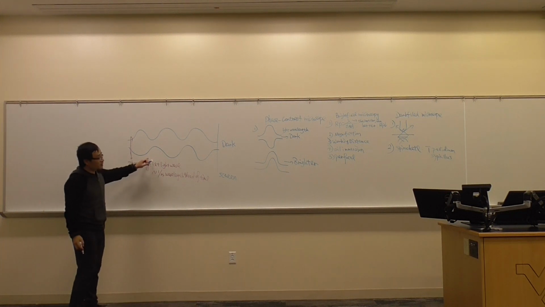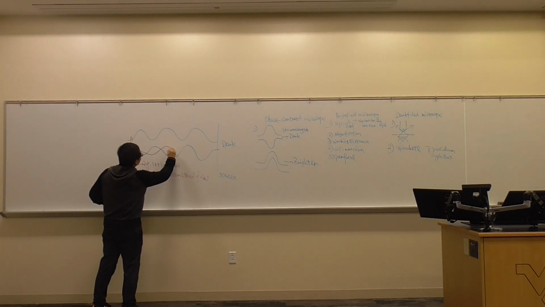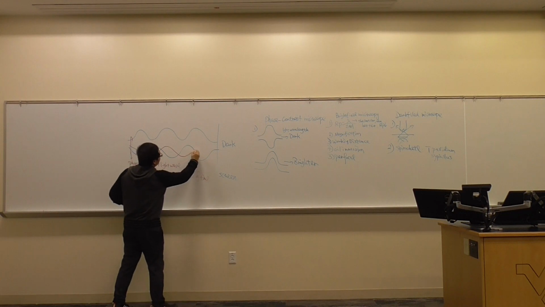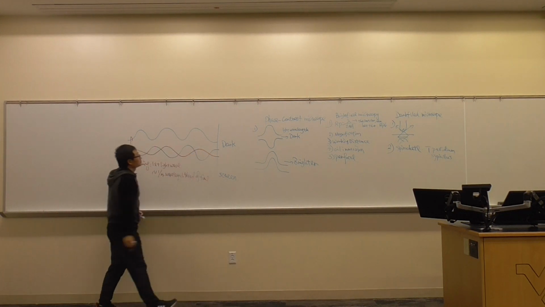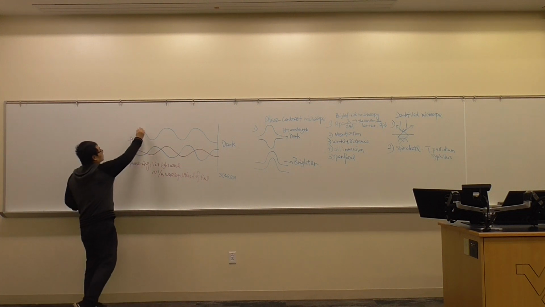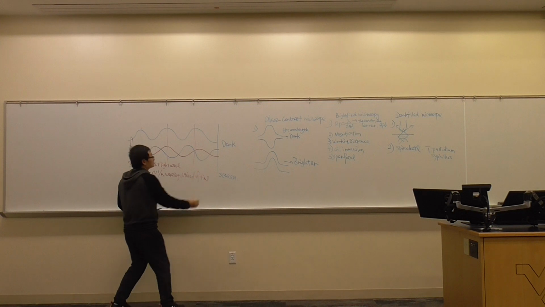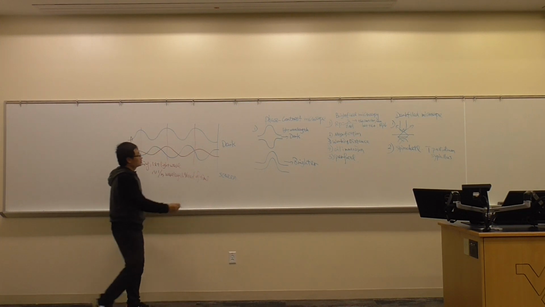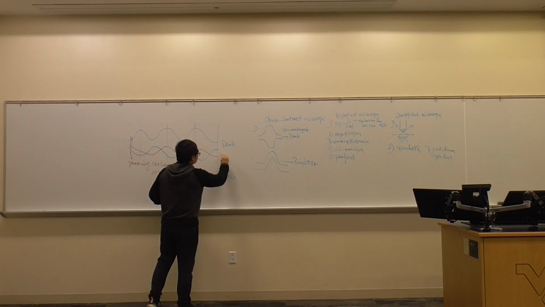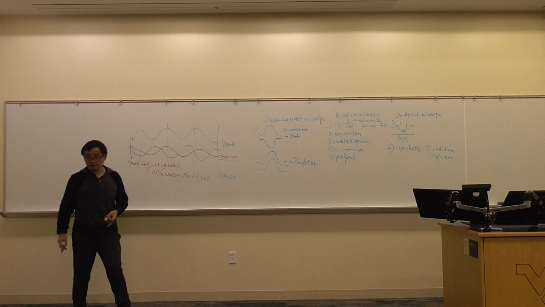Therefore, instead of having this, what is it going to be? It's kind of like that. See, that's going to show that. So what do you see? That means you're going to see some brighter areas. That's the simple physics behind it.